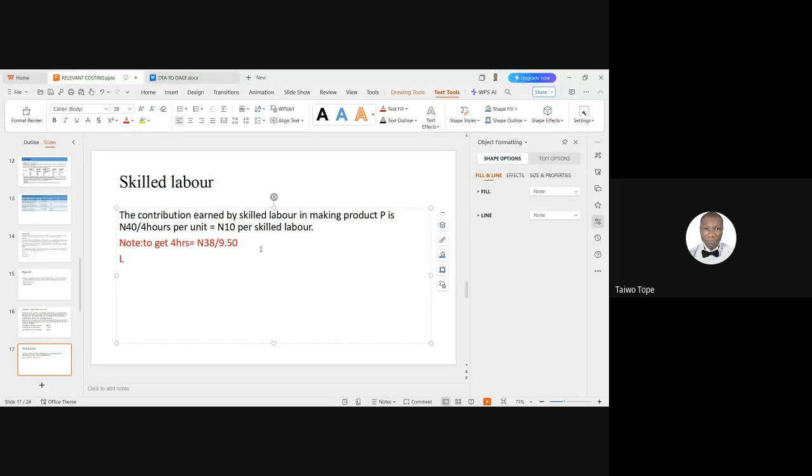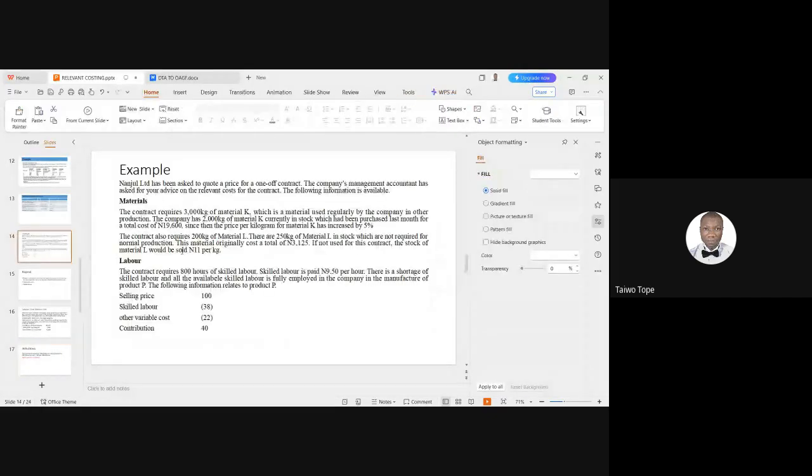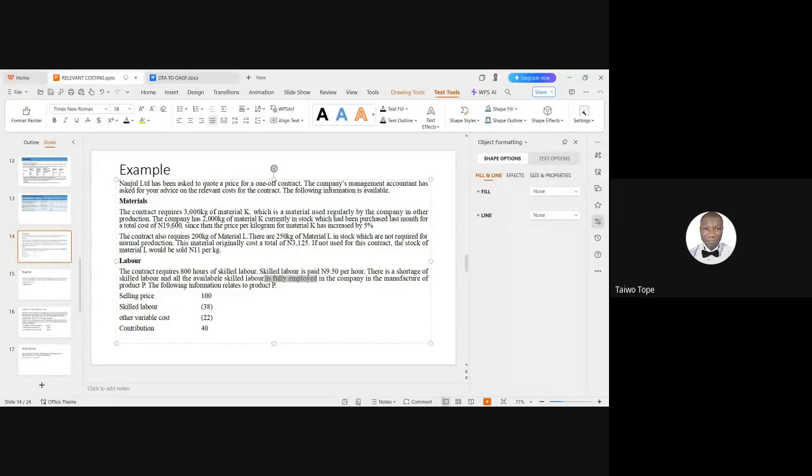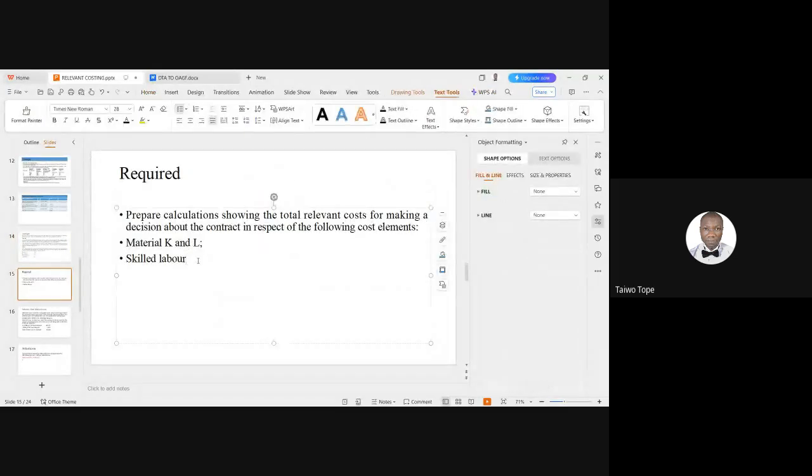How much are you paying them? Sir, are they idle before they brought them? They are not idle. If you read the question, it's clearly stated that the contract requires this. There is a shortage of skilled labor, and all the available skilled labor is fully employed.